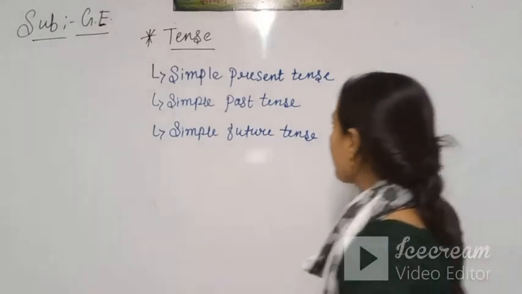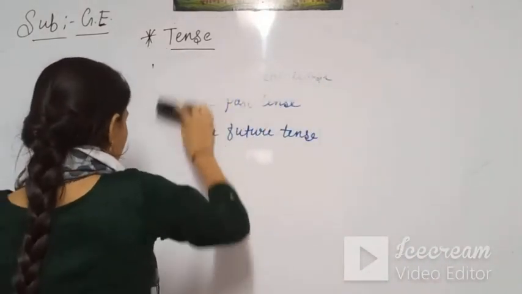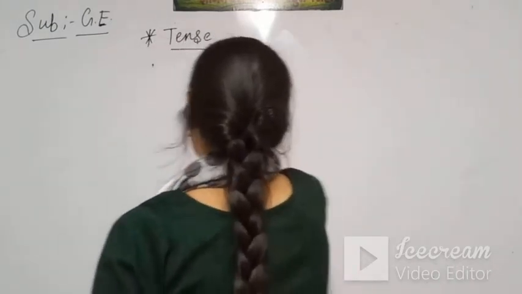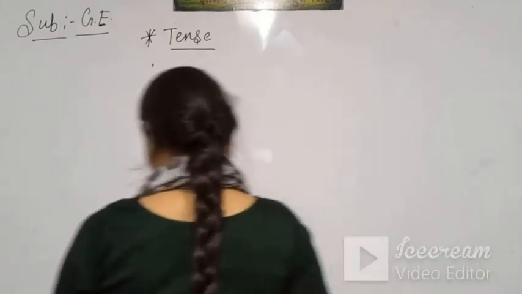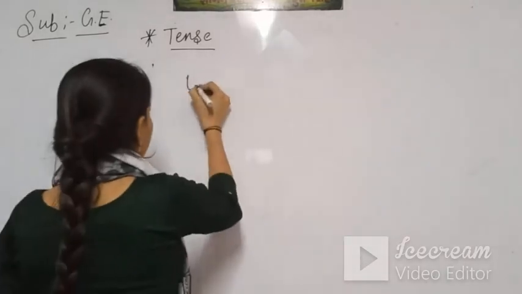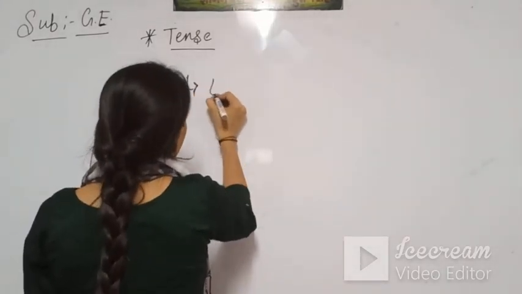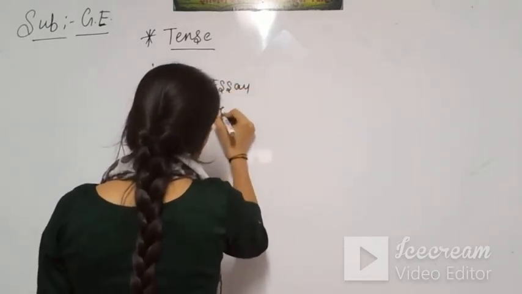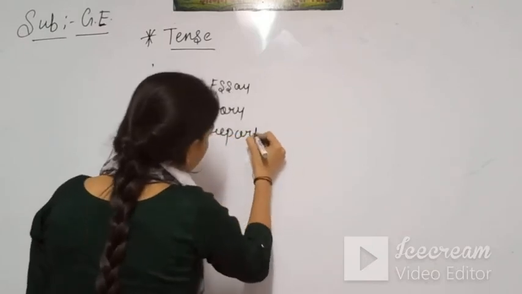Now, where do we use tense? In standard 9th and 10th, tense is used to make sentences, but in standard 10 you have to write an essay, then stories, then reports.